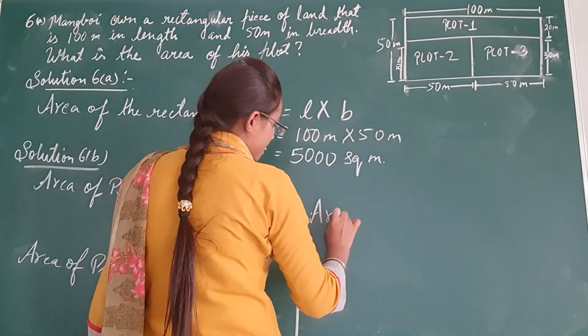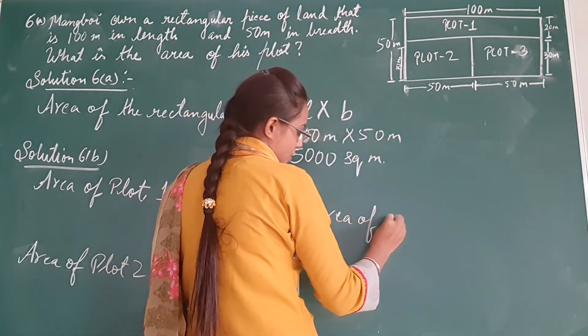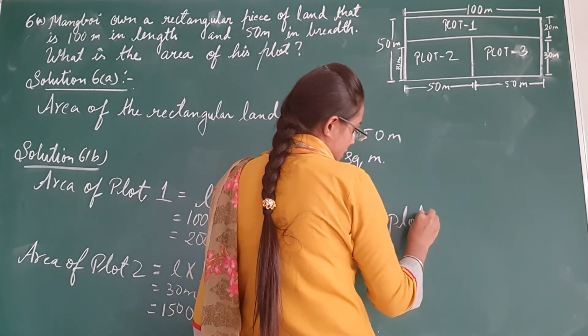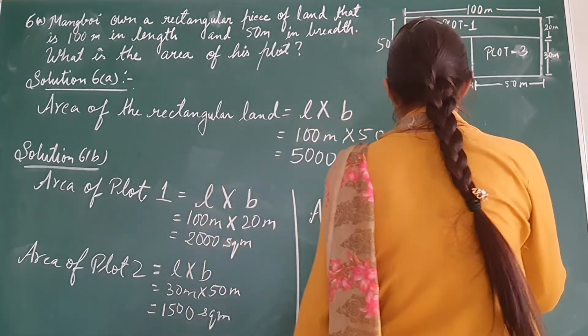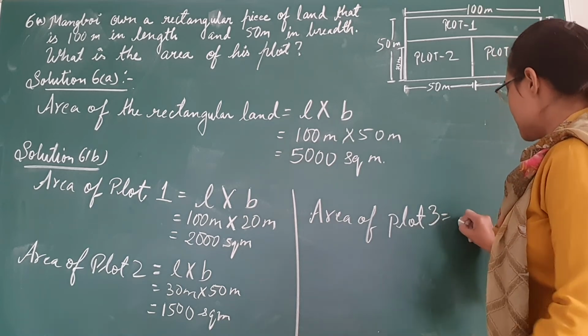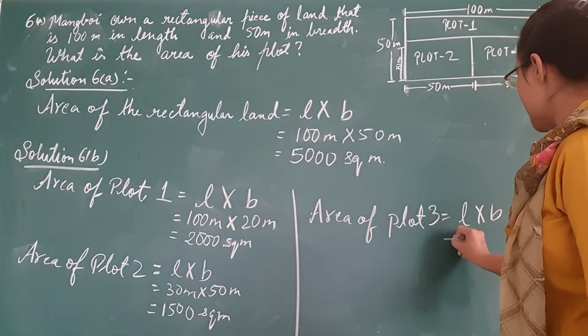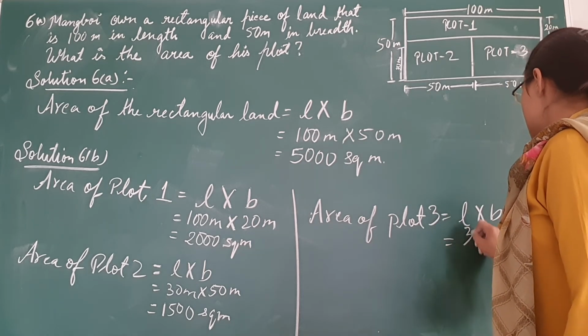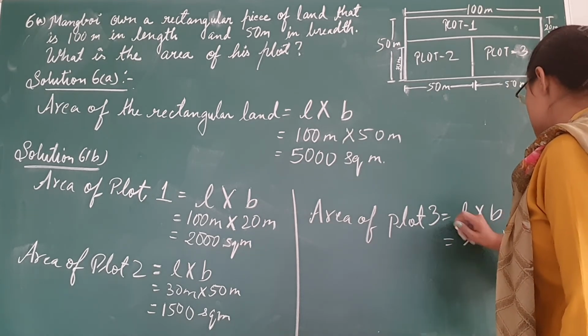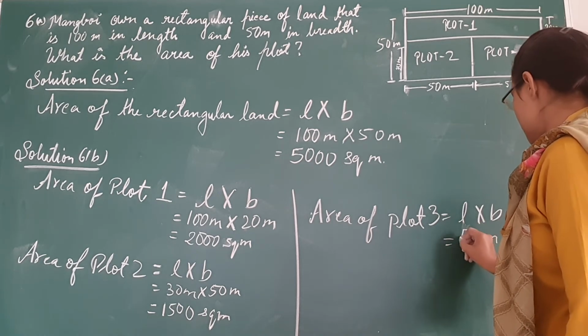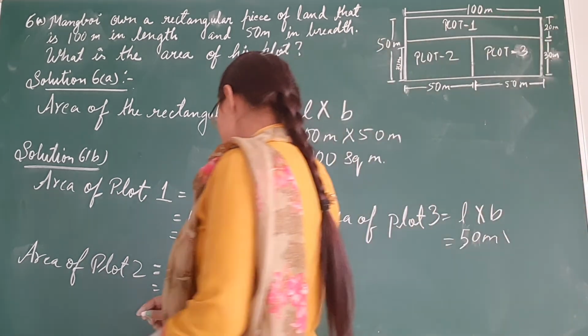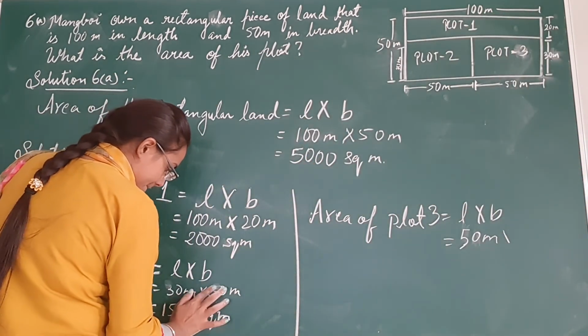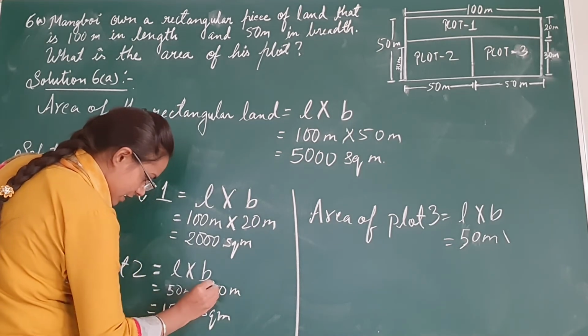So area of plot 3 will be again the same, as both have the same length and breadth. So it is 50 meter into 30 meter. Length is 50 and breadth is 30.